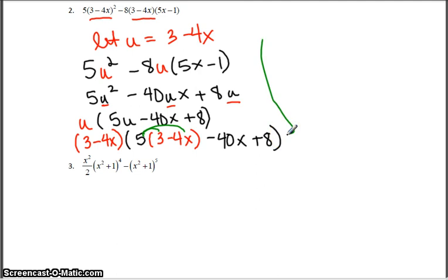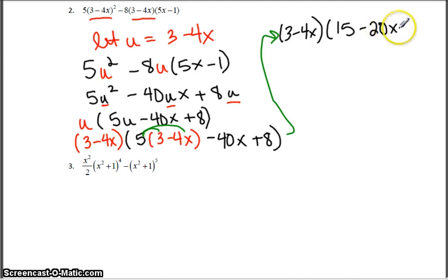I'm going to come up here, rewrite the 3 minus 4x, and then 5 times 3 is 15. 5 times negative 4 is negative 20x.